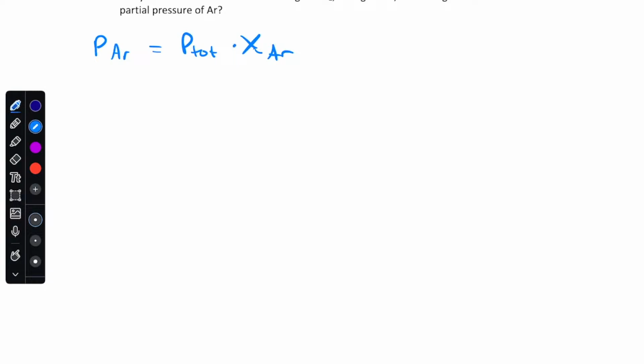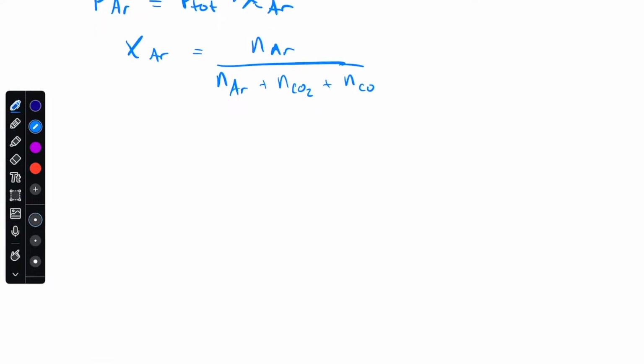The mole fraction of argon, though, is going to be the moles of argon divided by moles of argon plus moles of CO2 plus moles of CO. So if we have the moles of those 3 things, we're off to the races. And we actually have masses for them all, and we know how to get moles from masses. So we just got to go through the work here.